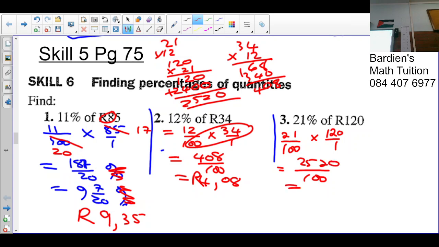So I need 2 decimal places, so it's 25,20. That means 21% of 120 rand is 25 rand and 20 cents. Does it make sense? Rands and cents. But you understand?